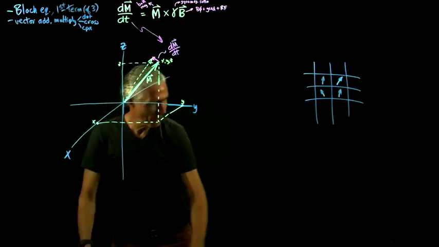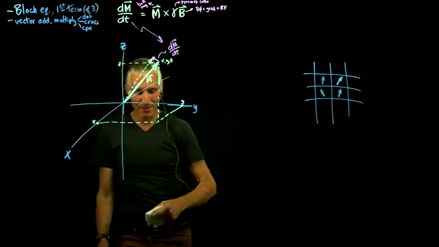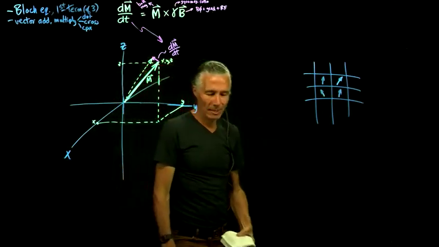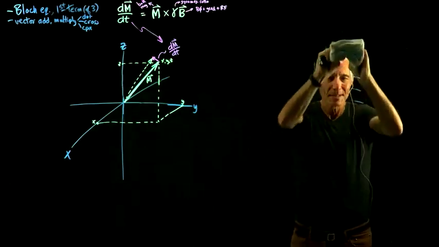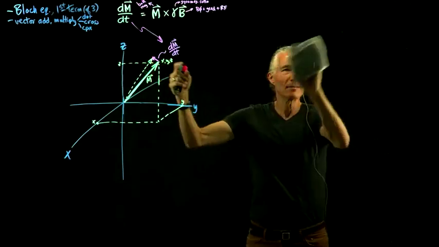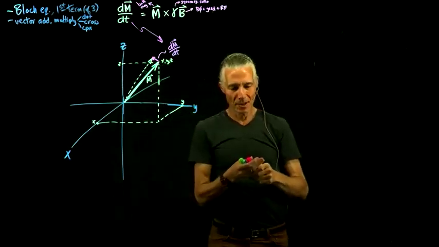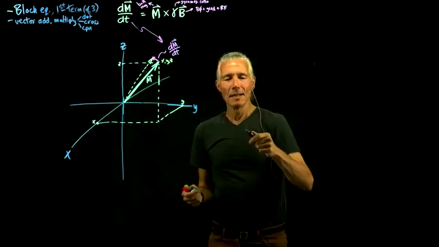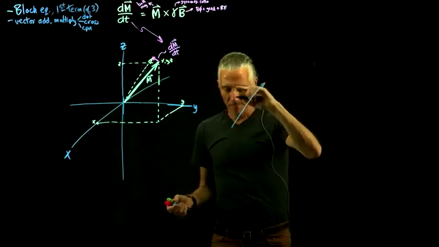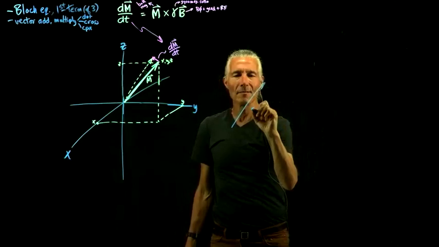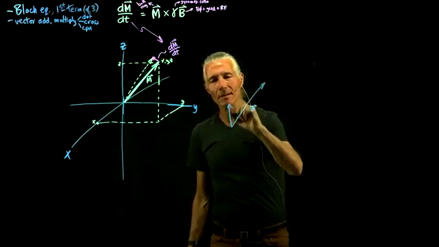Now, before we multiply vectors, we have to remember quickly how to add vectors, because here we're adding vectors. And so how do you add vectors? You can think of it two different ways. Say we have this A vector here, and we've got another vector, the B vector.